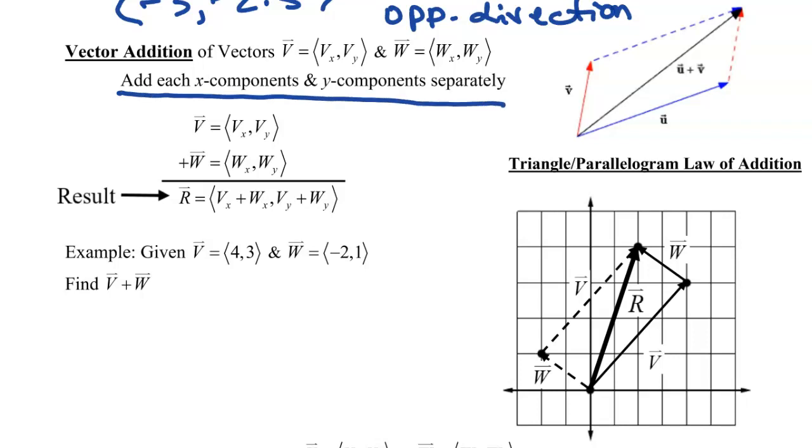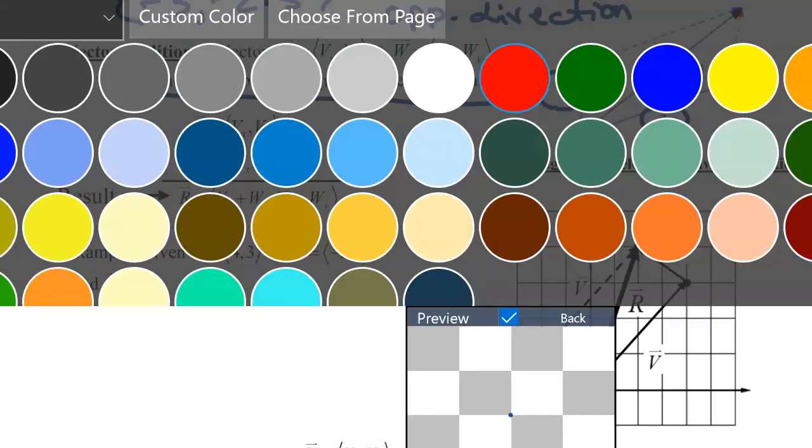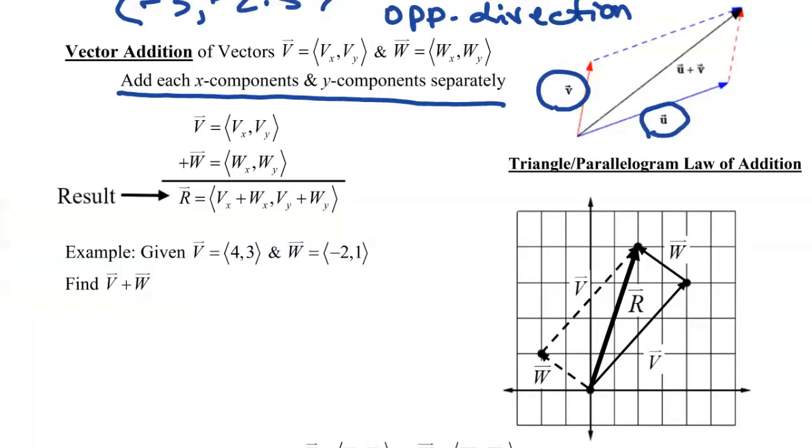Sometimes it's called the parallelogram law or the triangle law, because if you have vector u down here and vector v over here, you could redraw vector v over here, or u on top here, and complete the parallelogram, and that is the sum of u plus v, or what I call doing tip to tail addition.